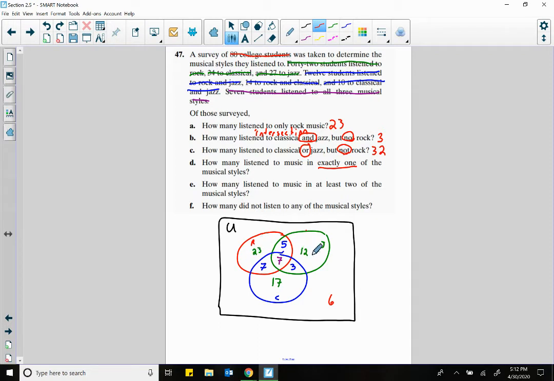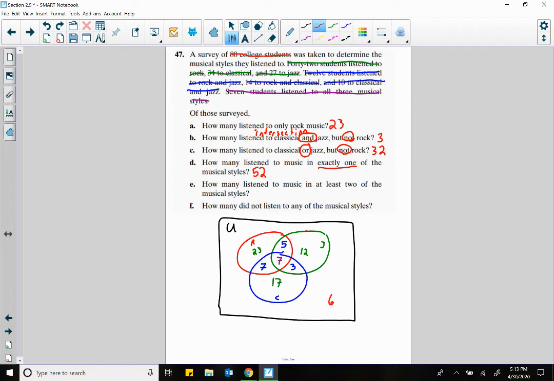You've got the 12 because those are the students that only listen to jazz. And you have the 17 because these are the only students that listen to classical. So these sections right here, the 23, the 12, and the 17, these are the students that listen to exactly one musical style. And if you add up the 23, the 12, and the 17, that gives you 52.